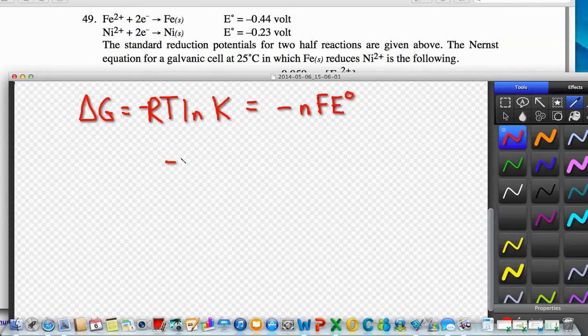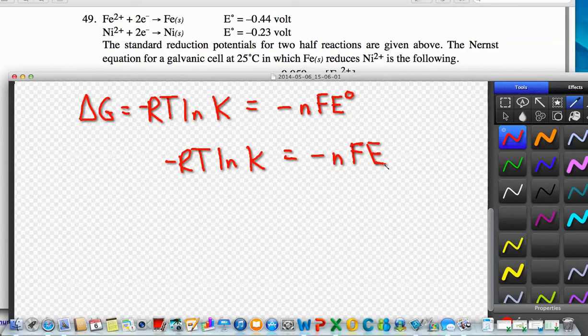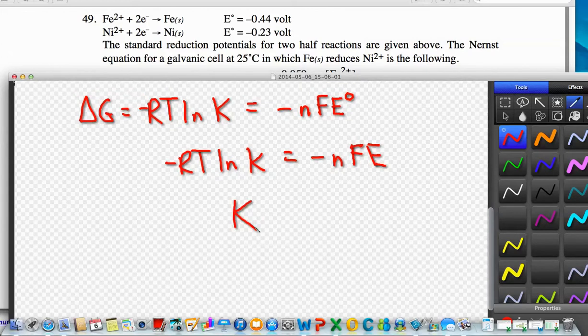So minus RT log of K equals minus nFE. K equals e to the nFE divided by RT. And now it's just a plug and chug problem.